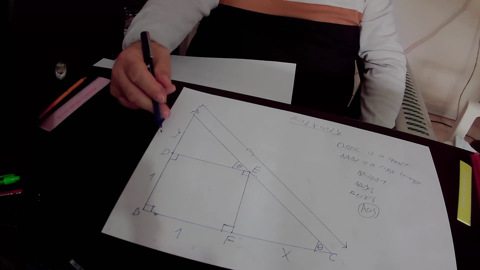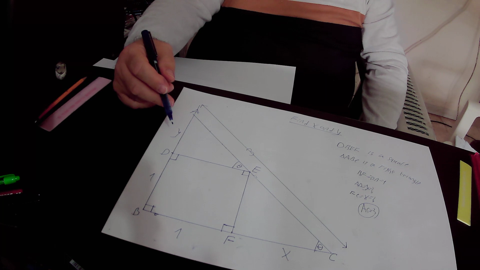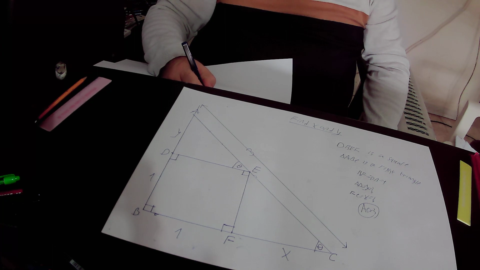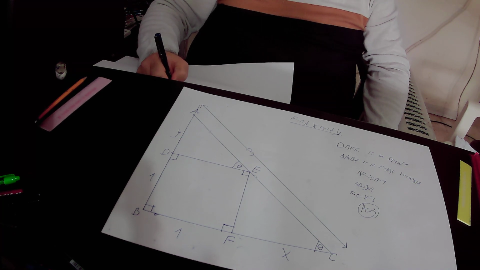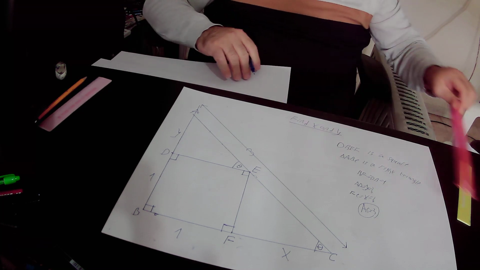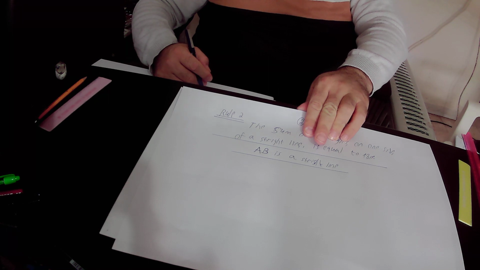AB is one side of the right triangle, triangle ABC, therefore it is absolutely a straight line. We know that AB is a straight line.